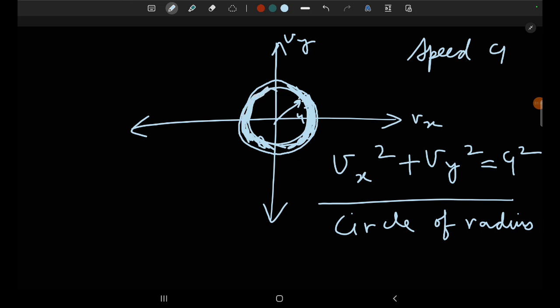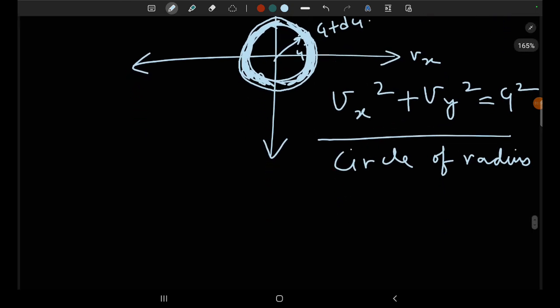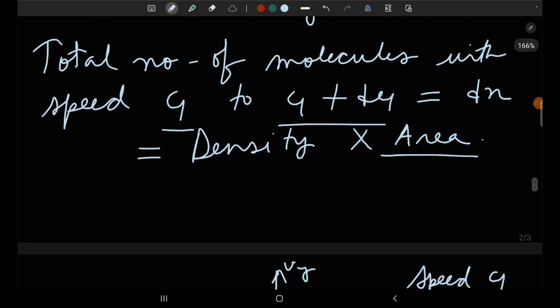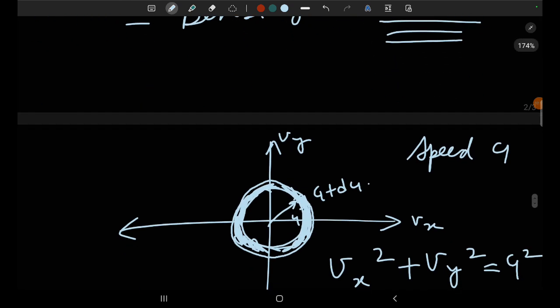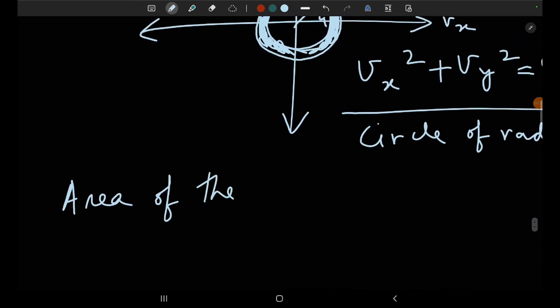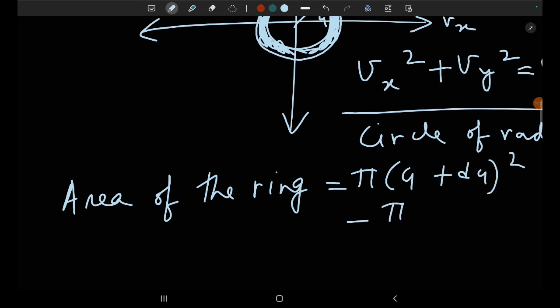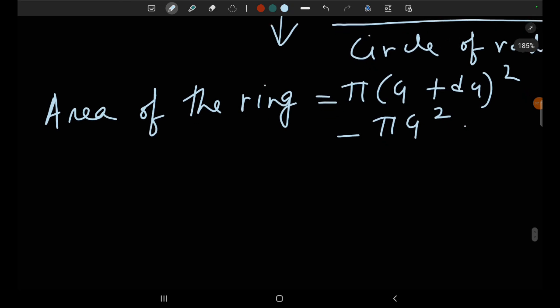One circle would have a radius c1, while the other would have a radius c1 plus dc1. Now what would be the area of this ring? This is the area that we required, and the area of the ring was given by pi (c1 plus dc1) whole squared minus pi c1 squared.